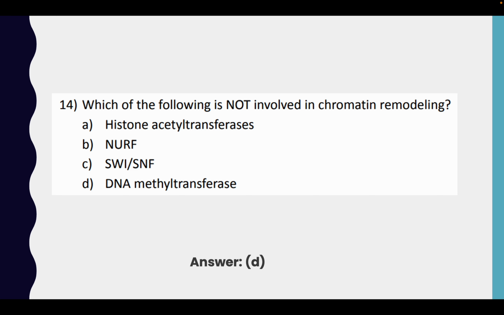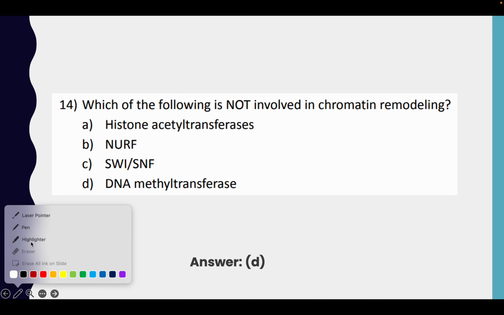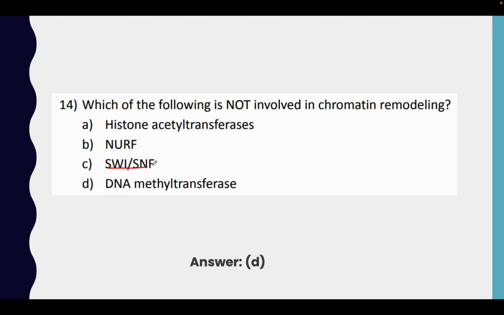These enzymes add or remove post translational modification from chromatin proteins, one of which is SWI SNF, a chromatin remodeling complex that uses ATP to destabilize histone DNA interaction.